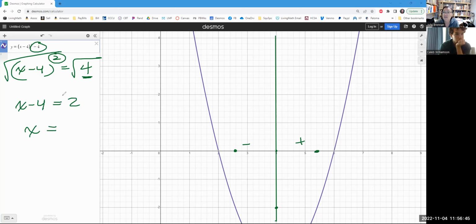Therefore, x is plus or minus. x is either equal to 4 plus 2 or x is equal to 4 minus 2. And notice, this is the x equals 4 line. This is my plus 2. This is my minus 2. The graph is going to exactly match my algebra. Do you see that?